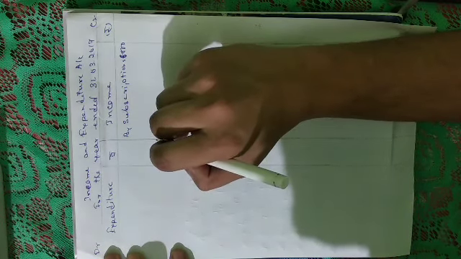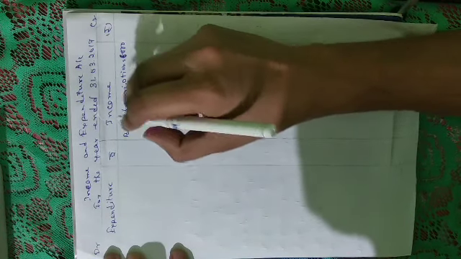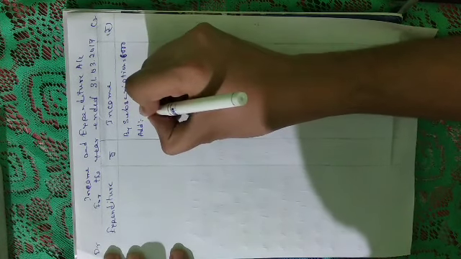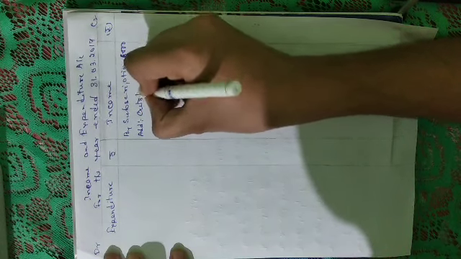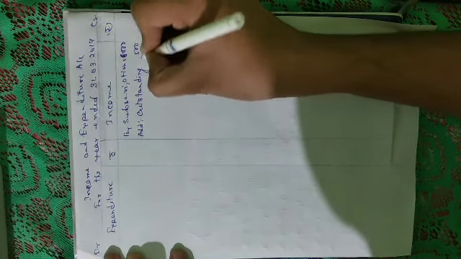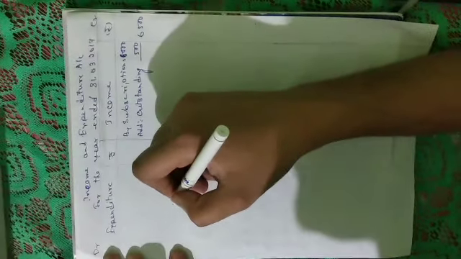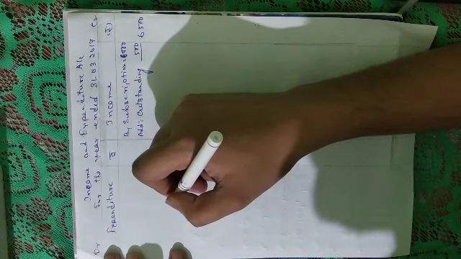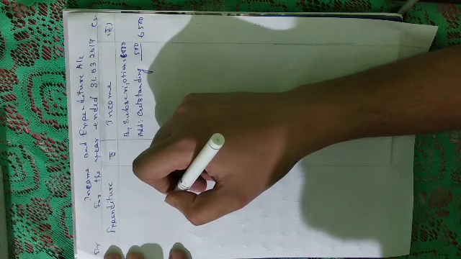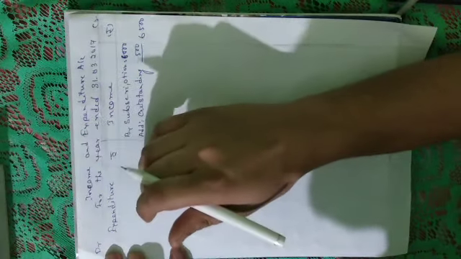In the other information, subscription outstanding amounted to rupees 500, so it will be added. Add outstanding rupees 500. Total is 6,500. Next, on the debit side, the opening balance is excluded in the income and expenditure account.